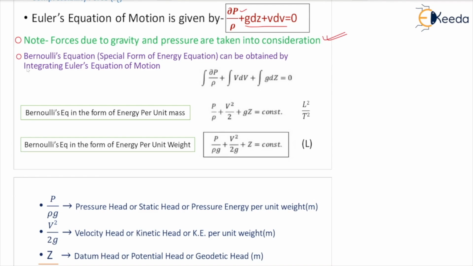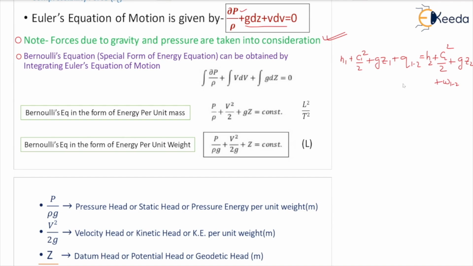Second note is here: Bernoulli's equation, which is a special form of energy equation. What is the basic energy equation? That is the steady energy equation: h1 plus c1 square by 2 plus g z1 plus q1 to 2 equals h2 plus c2 square by 2 plus g z2 plus w1 to 2.